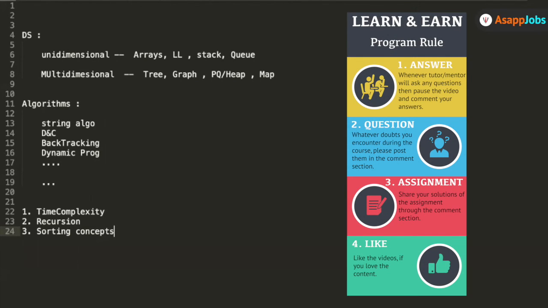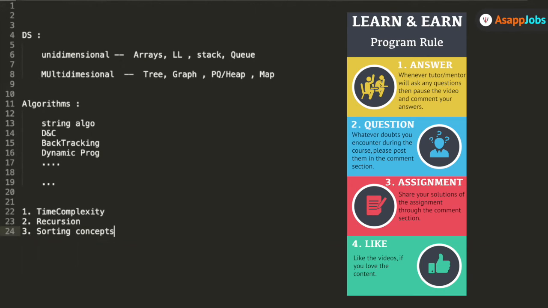Now, how the classes will go is that after every session I'll give you a list of questions that I expect you to solve, and you come prepared to the next session. We'll spend 15-20 minutes solving those questions. It will be like a daily practice paper for you.